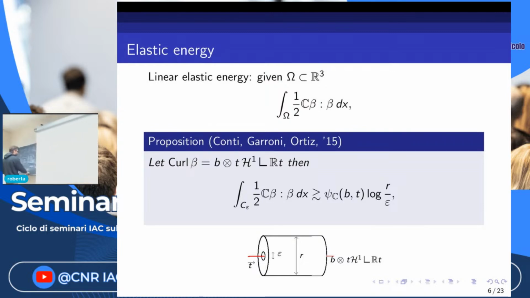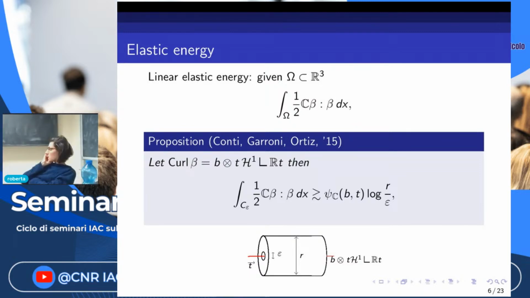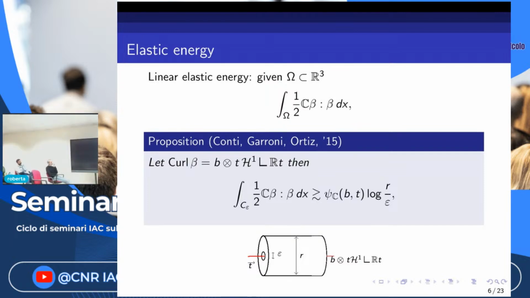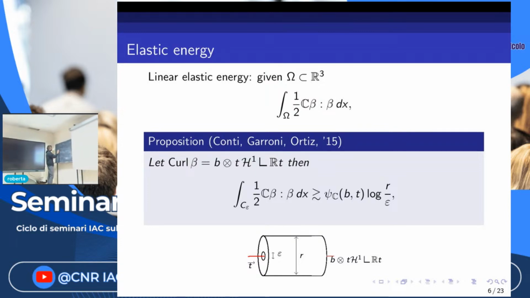So basically, what that proposition says is that taking a dislocation which is maybe piecewise represented by a piecewise segment dislocation line with segments gamma E, gamma J, then we're saying that the elastic energy at fixed epsilon goes basically as Cg of dt if the Burgers vector is d and the direction of the segment is d, times the logarithm.